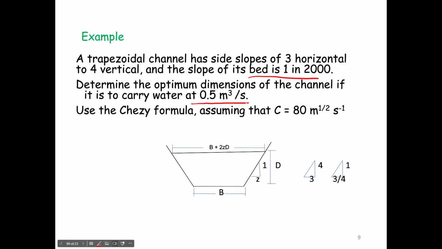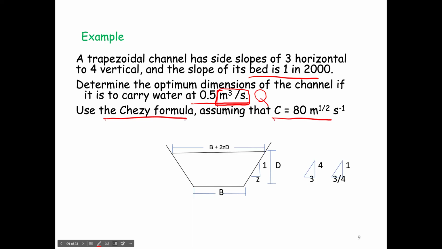Discharge or velocity? Which one? Discharge, based on the unit here. Velocity is feet per second, feet per minute, meter per second. And you have C, and it even mentioned to use Chezy.